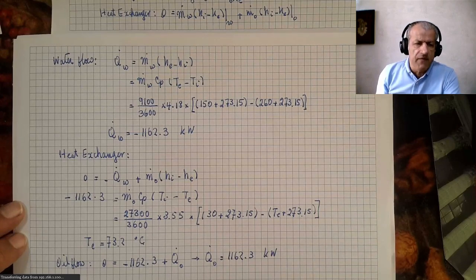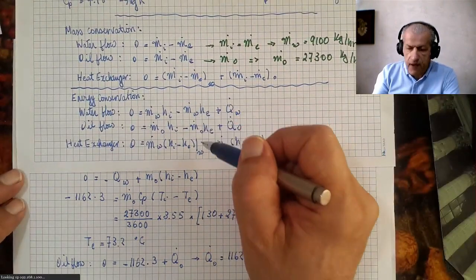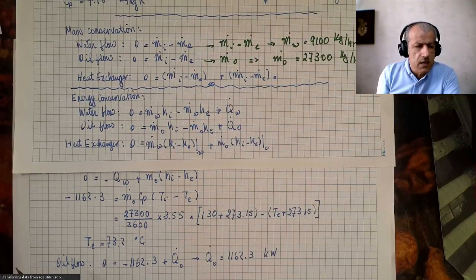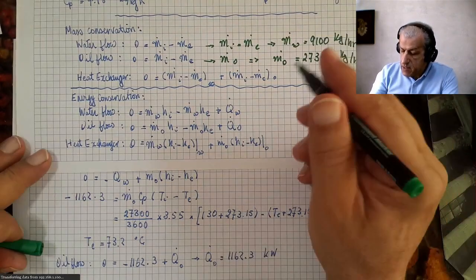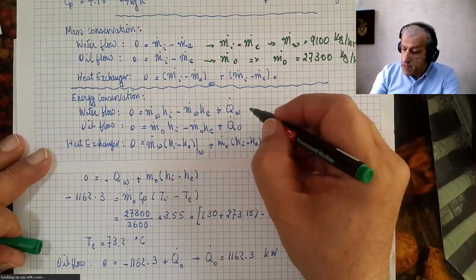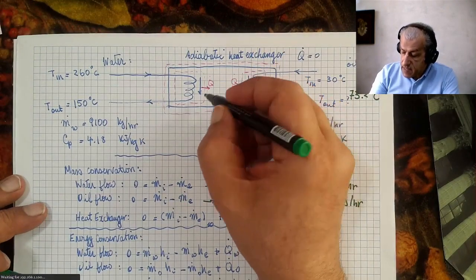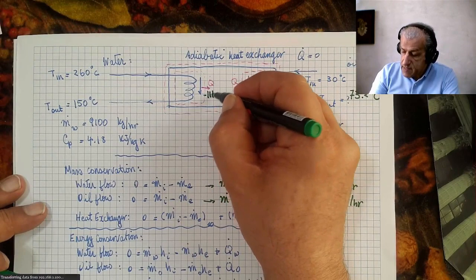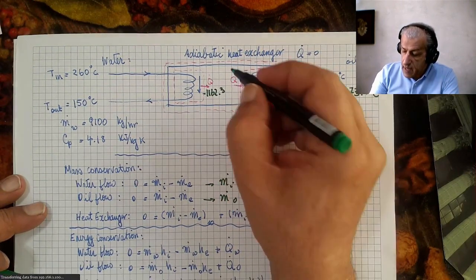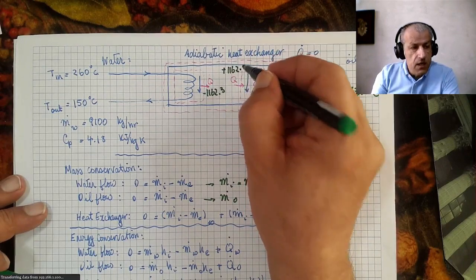So what we have done, we have used our three equations very systematically and managed to calculate that this Q dot W, which is the heat lost from water, is minus 1162.3, and this one is plus 1162.3.